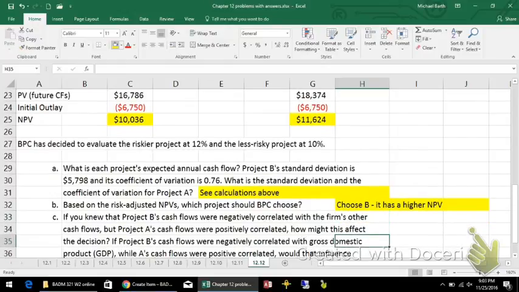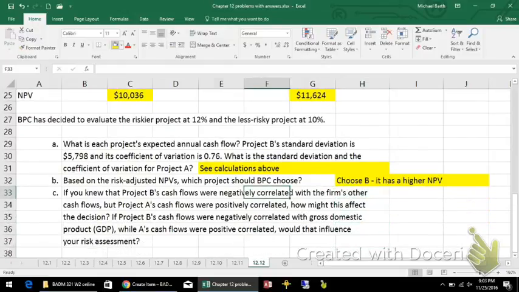If I knew that Project B's cash flows were negatively correlated with the firm's other cash flows, but Project A's cash flows were positively correlated, how might that affect your decision? Well, Project B, even though it's got standalone risk all on its own, if it's negatively correlated, that means if it turns out to be a real piece of crap, all the other stuff in the business is doing good.